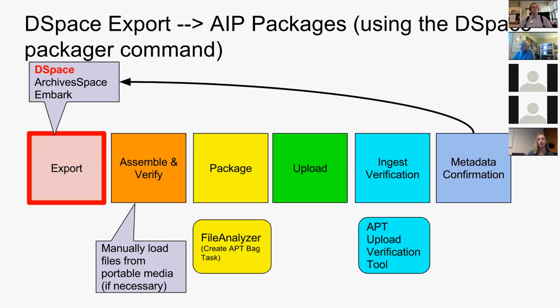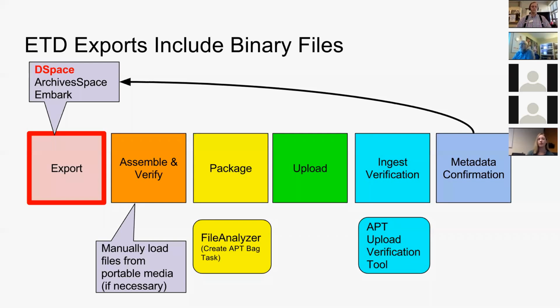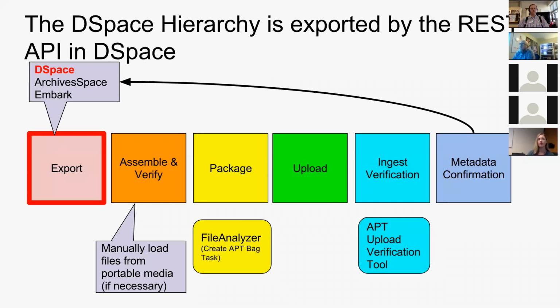And when we export those packages, we definitely export metadata, and we may or may not export bitstreams or digital files depending on the workflow that we're running. When we do our ETD exports, we do include the binary files or the bitstreams. And we also have a workflow where we export the entire collection hierarchy using the REST API in DSpace. So if we needed to reconstitute the hierarchy at a future date, we have the ability to do that.